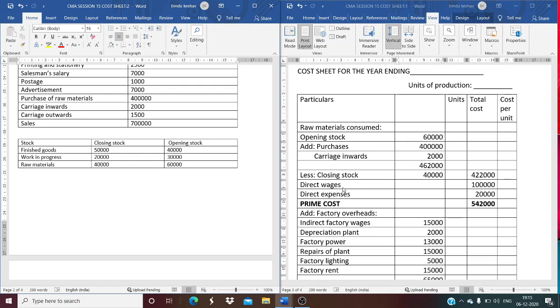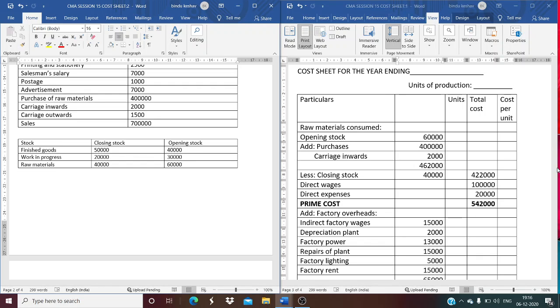The next item is direct wages. It is 1 lakh. Direct expenses 20,000. So we find out the prime cost by adding these three items, that is direct materials, direct wages and direct expenses.